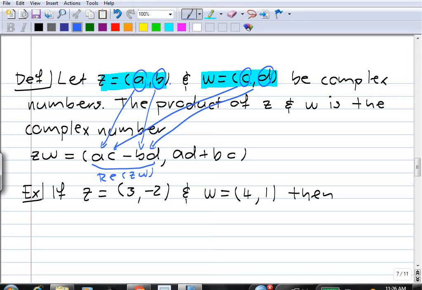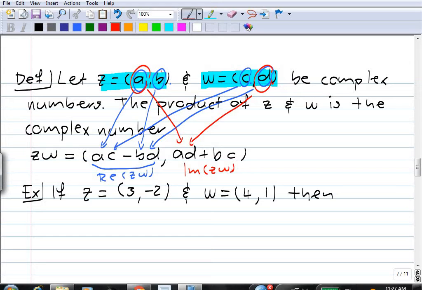Right. And that gives us the real part of Z times W. So it's real times real minus imaginary times imaginary. Now for the imaginary part of Z times W, we take real part Z and imaginary part W, and we multiply them.